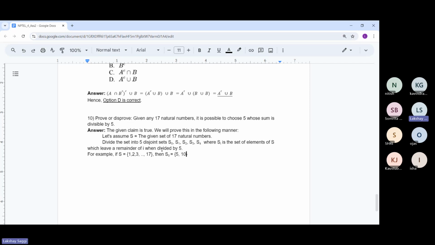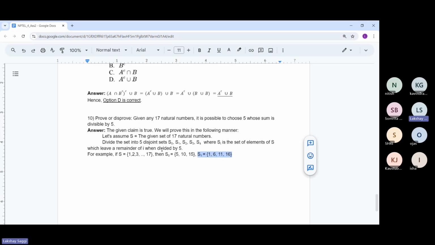So these will be just these three numbers, 5, 10, and 15. Similarly, S1 will be the numbers which leave a remainder of 1. So 1 leaves a remainder of 1, then 6, then 11, and then 16.